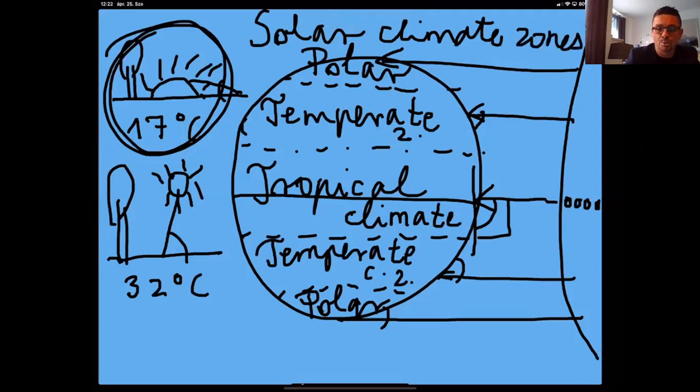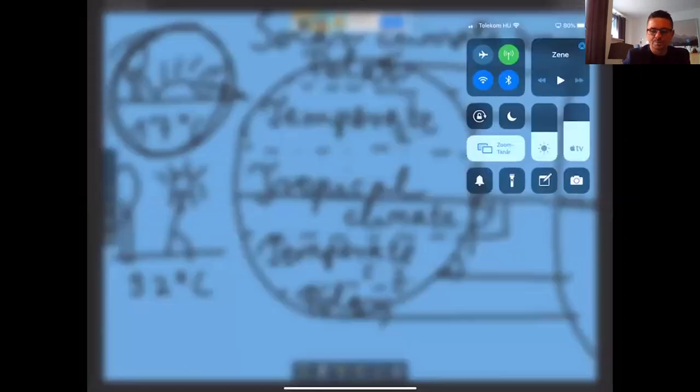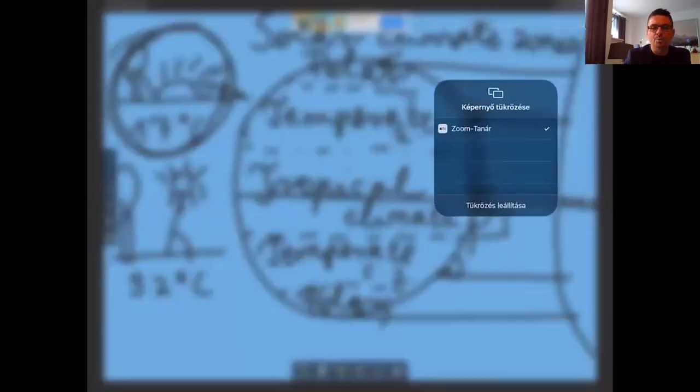And why did we do all this? Because this whole thing is actually in your workbook as well. So I want you to write these things down in your exercise book, but after that, please open your workbook at page 92.